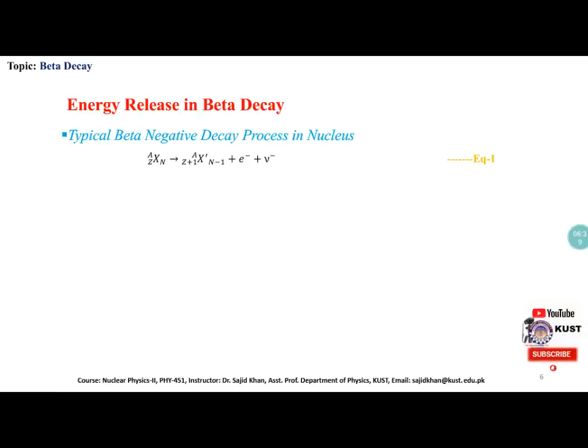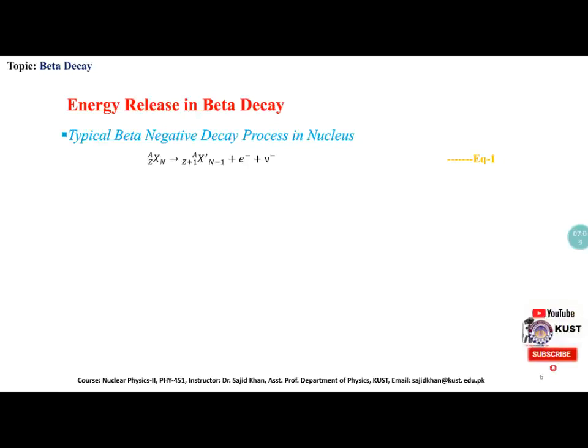In beta negative decay, one of the neutrons is converted into a proton. That is why the number of protons increases and the number of neutrons decreases, and we have an electron coming out and a neutrino. These neutrinos have certain properties.